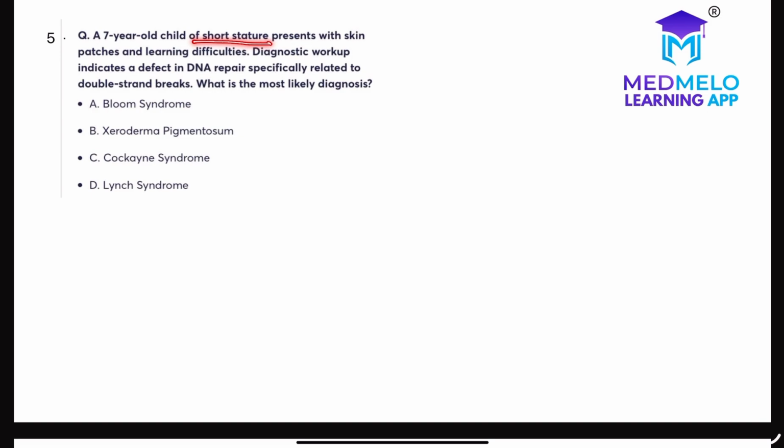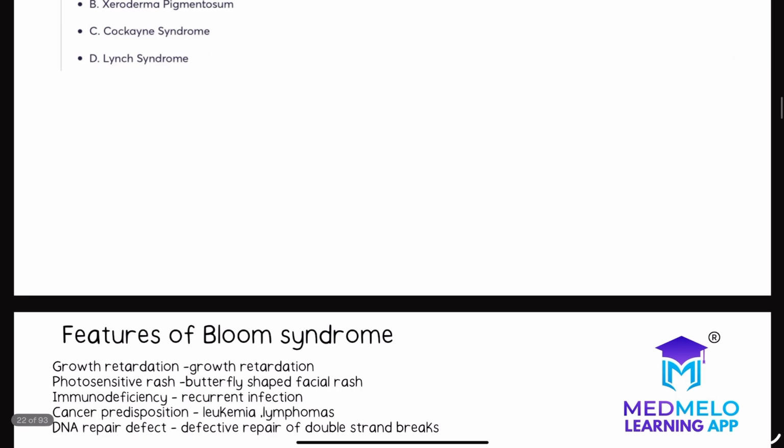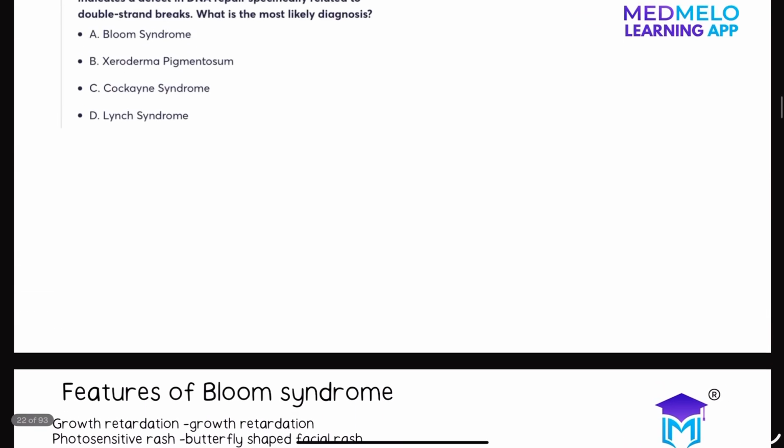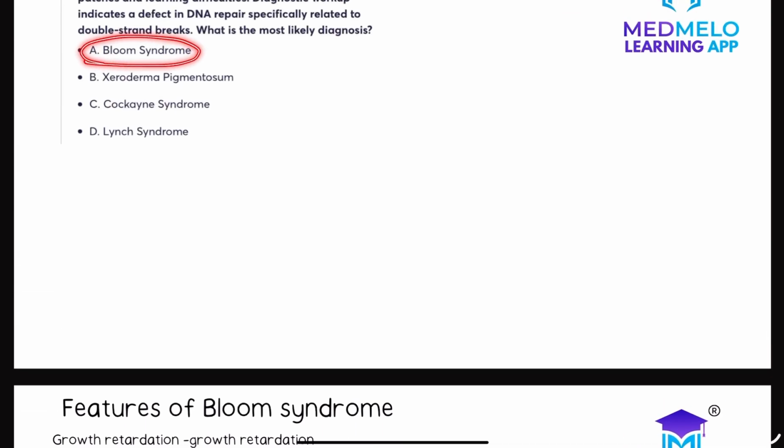There is short stature, that is the growth retardation we have mentioned, and there are skin patches that may be the photosensitive rashes, then the learning difficulties, and the diagnostic workup shows the defect in the DNA specifically related to double strand breaks. The growth retardation leads to the short stature, and there is immunodeficiency. So this question indicates Bloom syndrome.